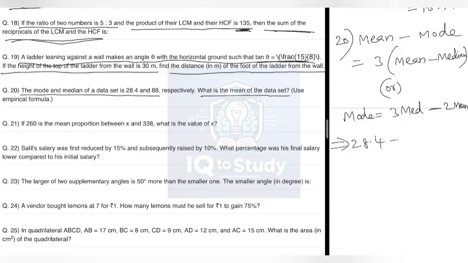28.4 is equal to 3 into 88 minus 2 into x. Let the mean be x.